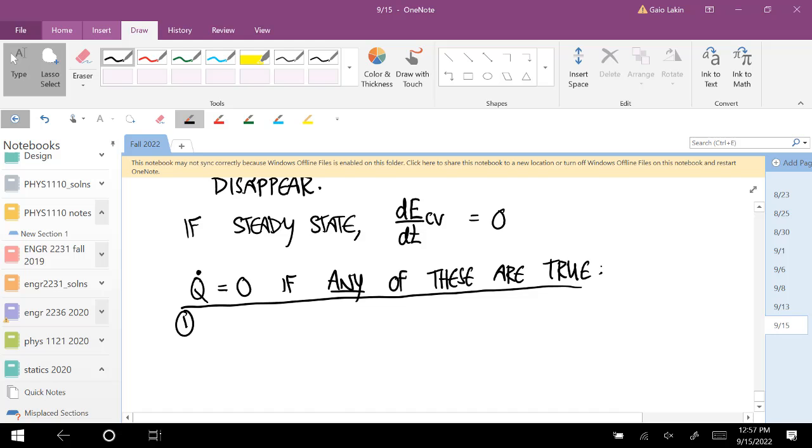First, if the control volume is well insulated. Second, if the surface of the control volume has a small area.